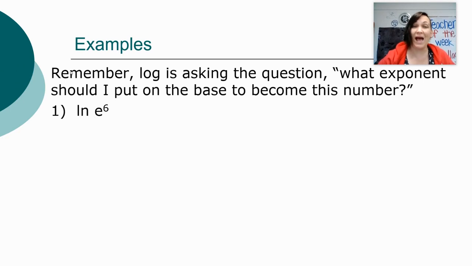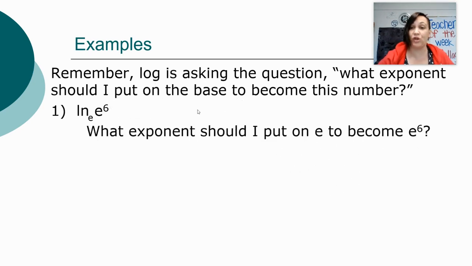Now, since ln has a base of e, this problem in particular is asking, what exponent should I put on e so that it becomes e to the 6th? Well, that's the number 6, right? It's already there. It's e to the 6th. I need to put a 6 on it.